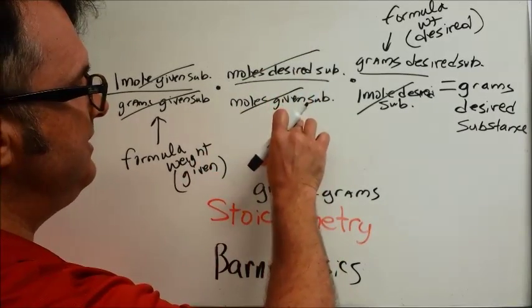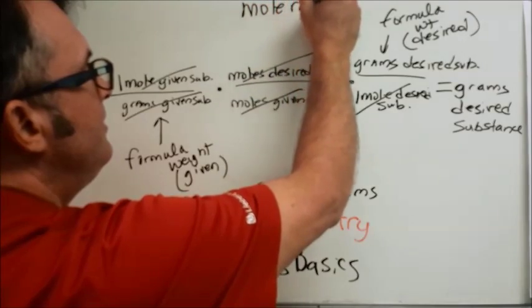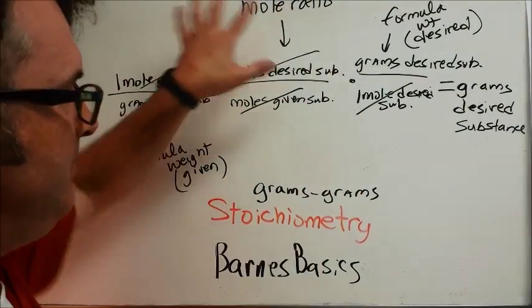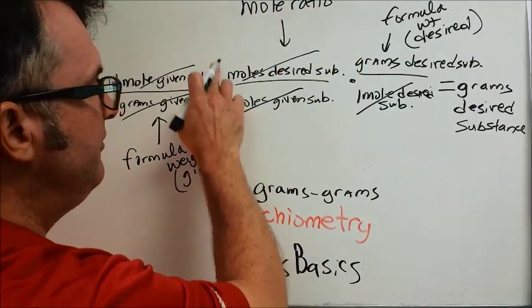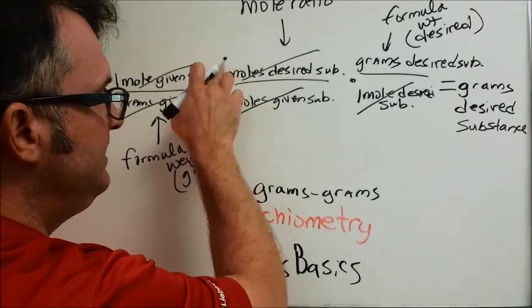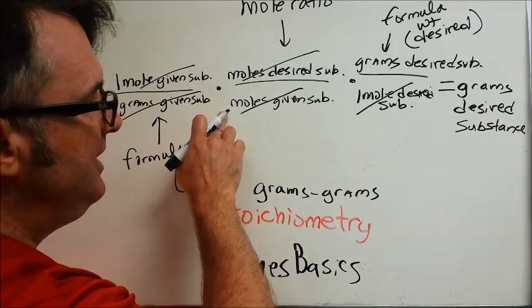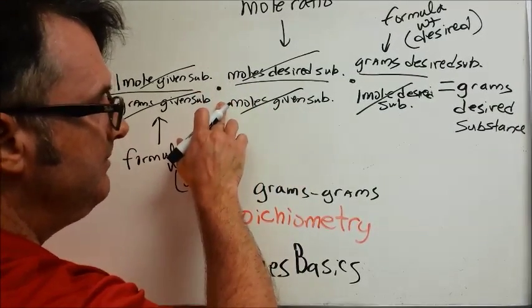This middle section right here is the mole ratio. So we look in the balanced chemical formula and we look at the number in front of the desired substance. That's the coefficient. That is the number that goes on top. And then the coefficient that's in front of the given substance goes on the bottom right here.